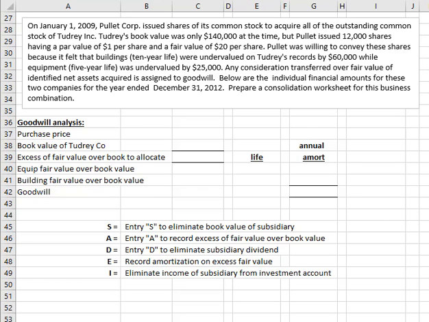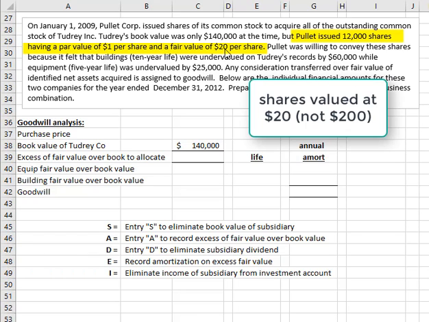So they do tell you the book value, which is the 140. So what is the purchase price? They said that Pullet issued 12,000 shares with a par of 1 and a value of 200. That's the price they paid. They didn't pay it in cash.